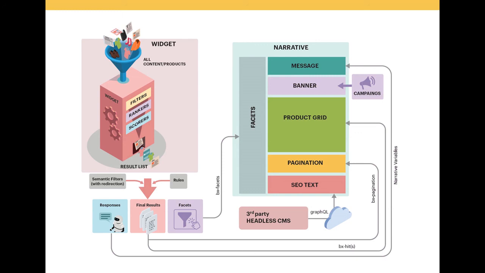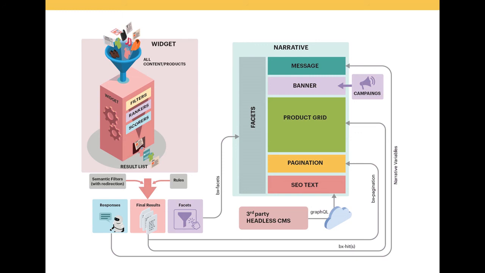And for the other aspects, we can connect them by configuring the narrative parameters. So of course, we can define many narratives, and then we can simply write the message we want in each narrative, the banner we want in each narrative, the SEO text we want in each narrative.